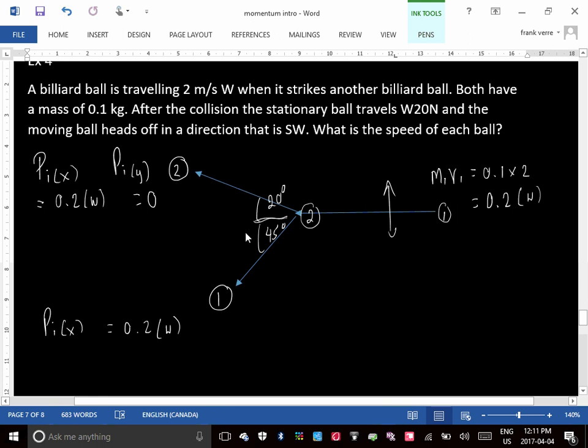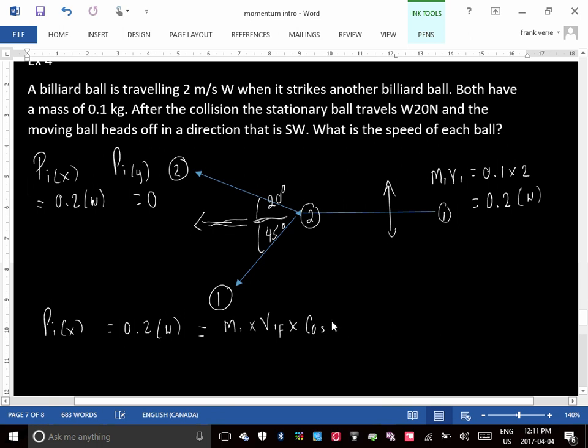Let's think about the components of that momentum. For the first ball, it would have to be its mass, m1, times its speed, but we don't know what the speed is, but times the, well, what would that component be?